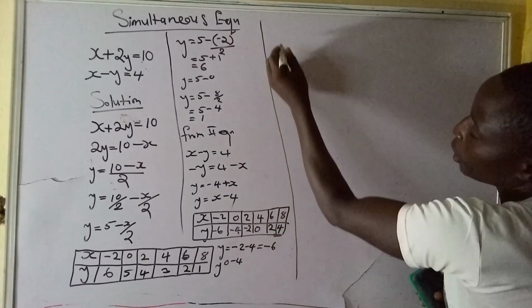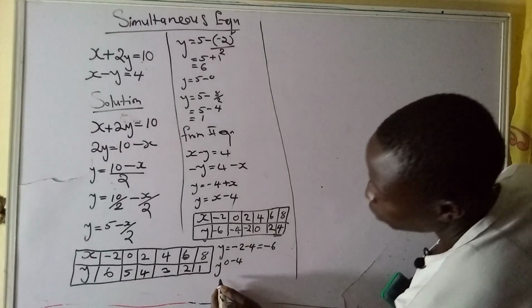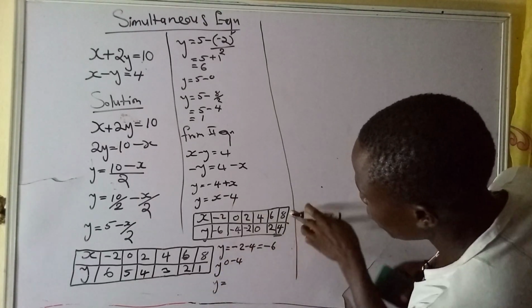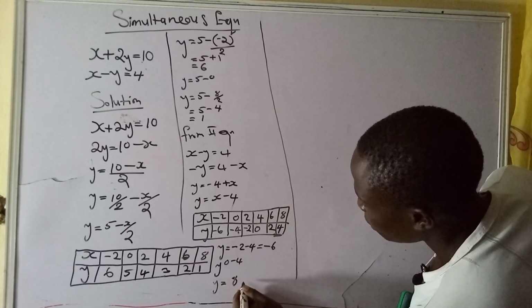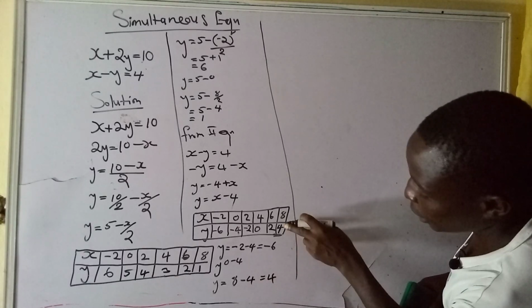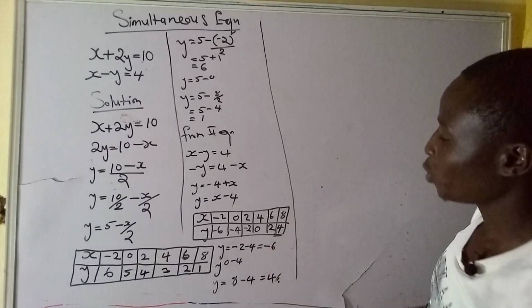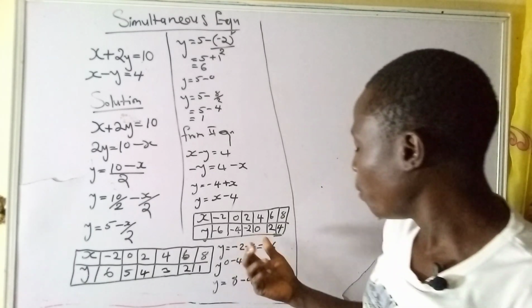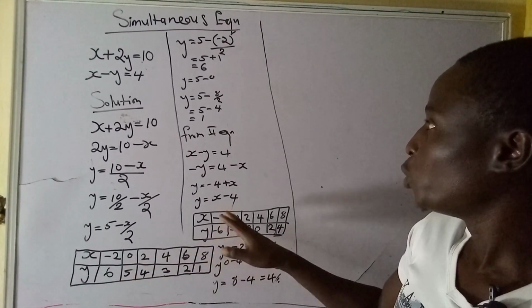Checking the last one means y is equals to x minus 4. That means when x is 8, 8 minus 4, which is equals to 4, we can see it, y is equals to 4. That means in this case we have succeeded in forming our two tables.